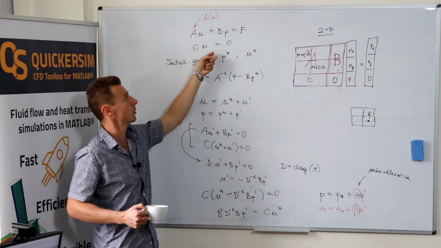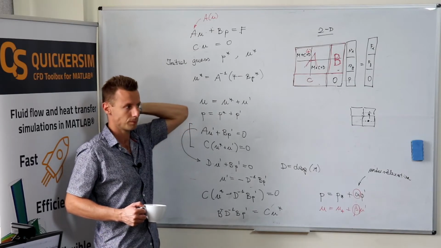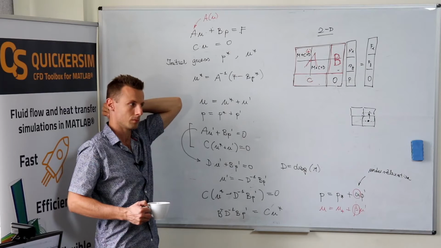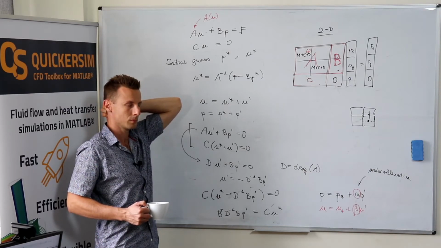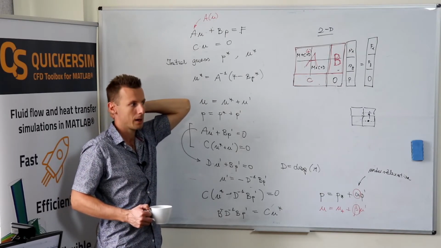It's the residual of that equation. So your latest U star applied to this equation will give an imbalance between the left-hand side and the right-hand side. That's the residual. Yeah. And you're trying to minimize it.